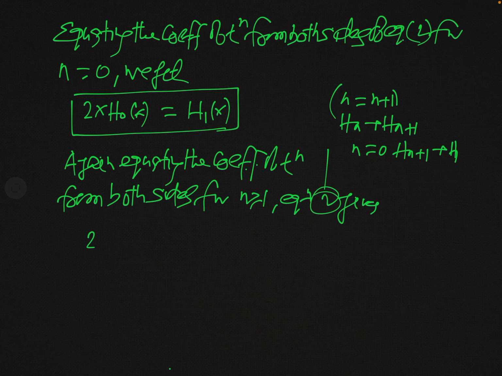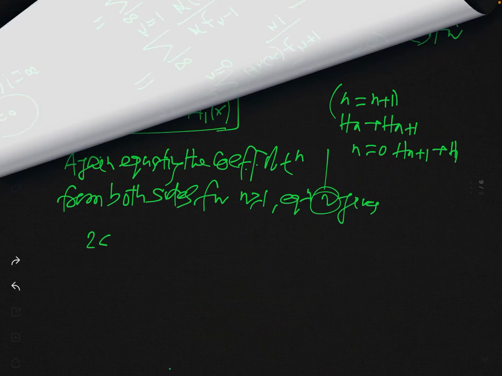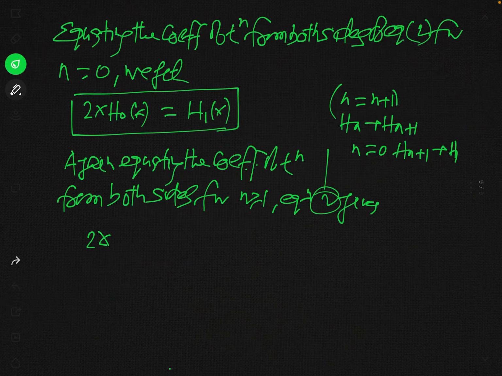In the first term there will be 2x hn of x over n factorial.